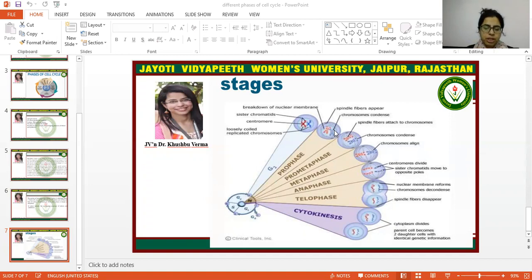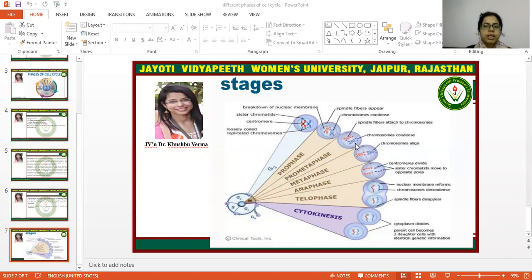After successful completion of prophase, the cell undergoes the prometaphase stage, where you can simply see spindle fibers attached to the chromosomes and the chromosomes properly condensed.